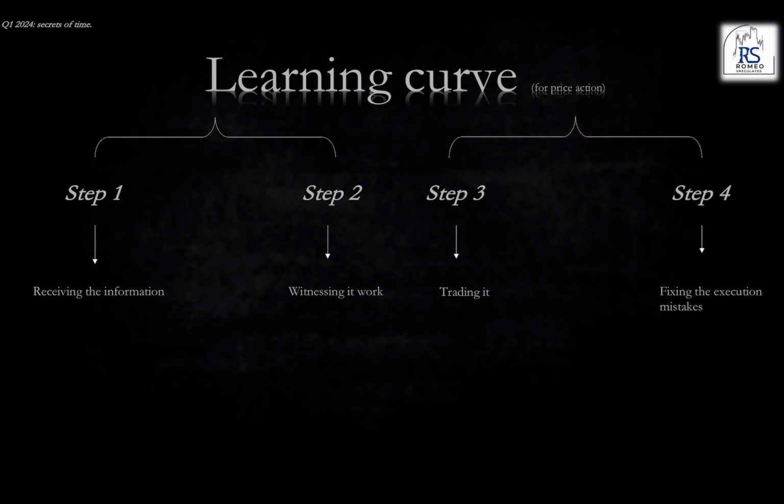From the moment you choose to be a trader, there's 4 steps you'll go through. Step 1 is receiving the information, and this learning curve is referring to the learning curve of analysis, right? And then it transitions into execution. Step 1, receiving the information. So I'll tell you the stuff I've told you in chapter 1, 2, 3, 4, 5, 6, 7, 8. 6 is cancelled. Step 1 is receiving the information.